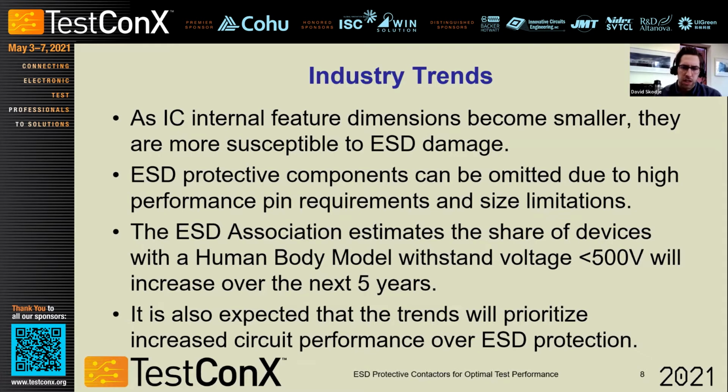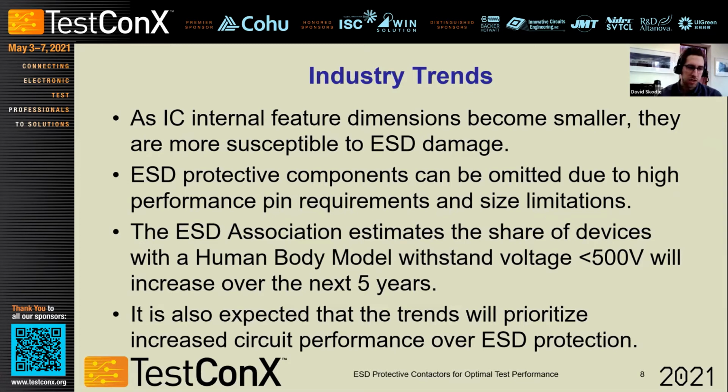So as IC density increases, component sizes are reduced, and the same current is more likely to cause a failure. ESD protection networks can be used to divert current from sensitive components, but these will add capacitance and can't be used in all cases.